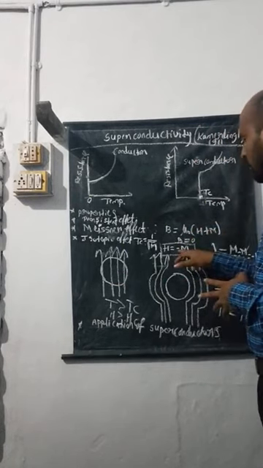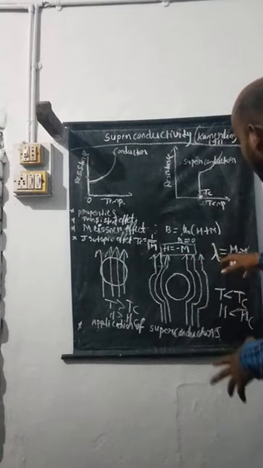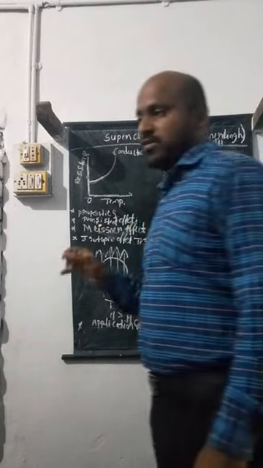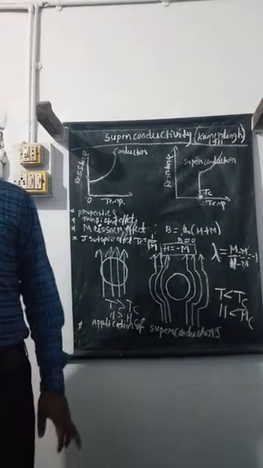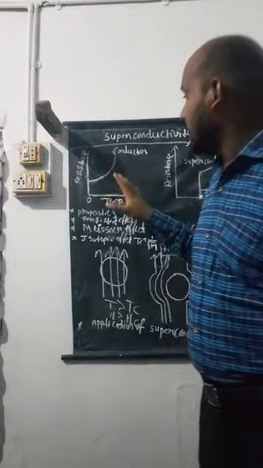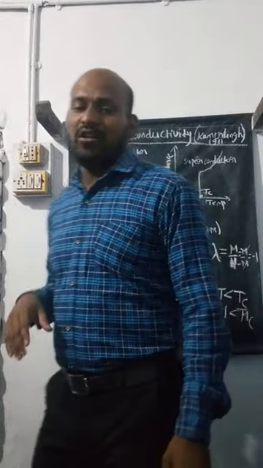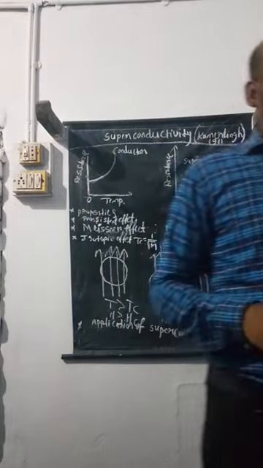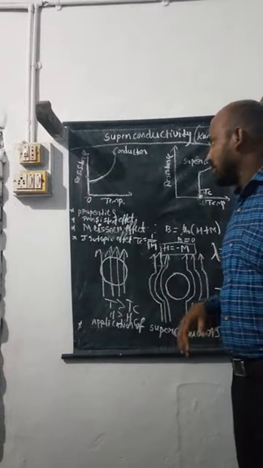Automatically H is equal to minus M, and the susceptibility chi, equal to M divided by H, is minus 1. That is a negative value, which is why a superconductor is always diamagnetic. This is a very important question that can arise in the exam.